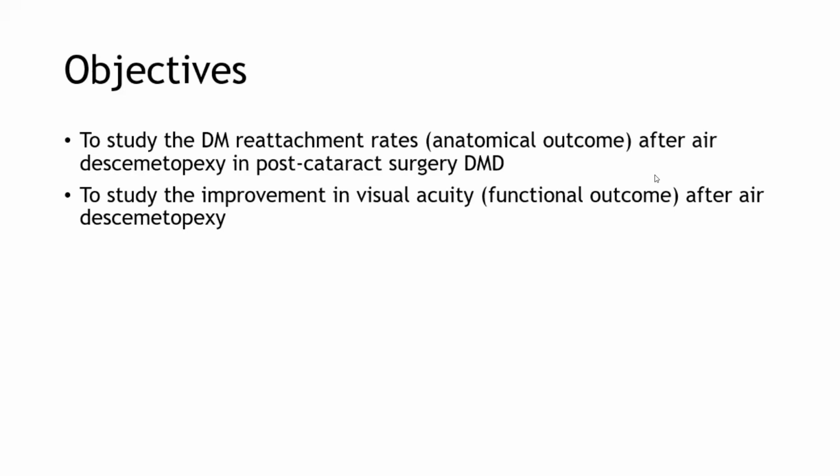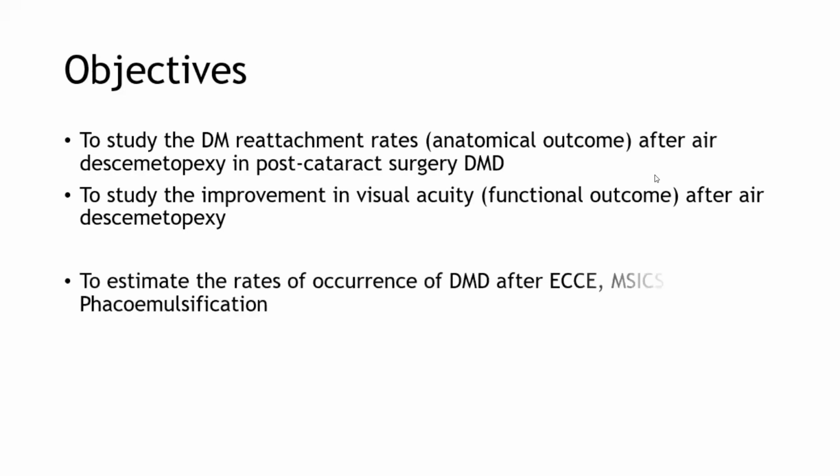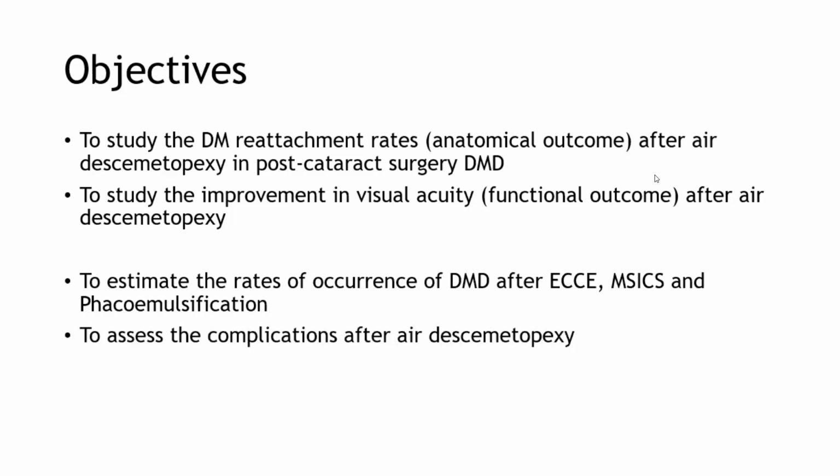We do a lot of cataract surgeries, and some people develop this detachment, so we'll identify the rates of occurrence of visually significant Descemet's membrane detachment in different types of cataract surgery. And since we are doing an intervention, there are always chances of complications, so we also need to analyze the complications of air descemetopexy. When we discuss any procedure, we also have to discuss its cons. These are the major objectives of our study.